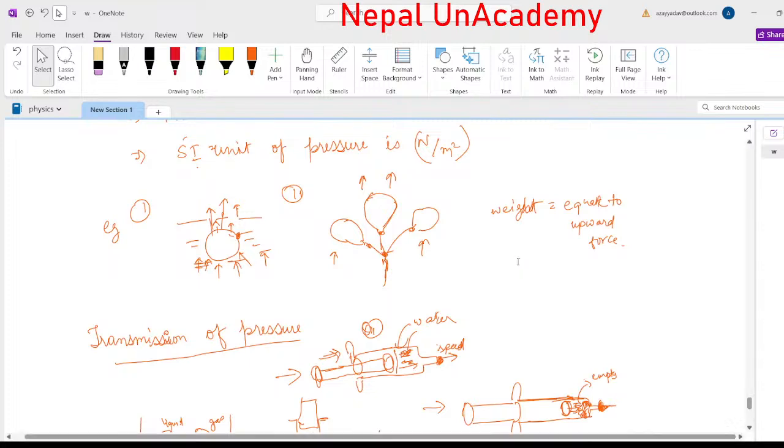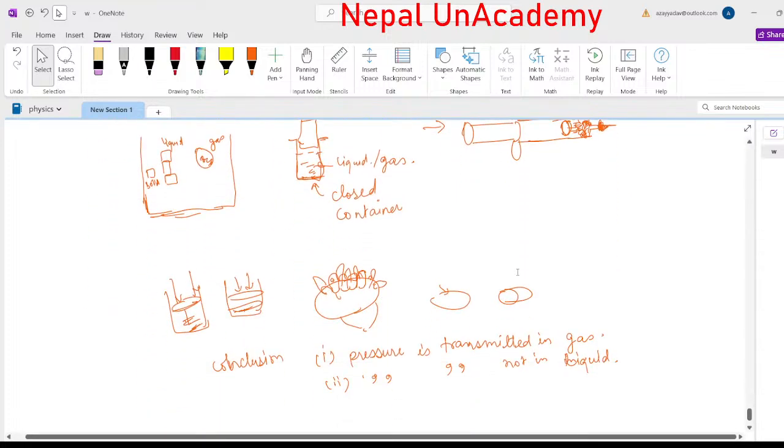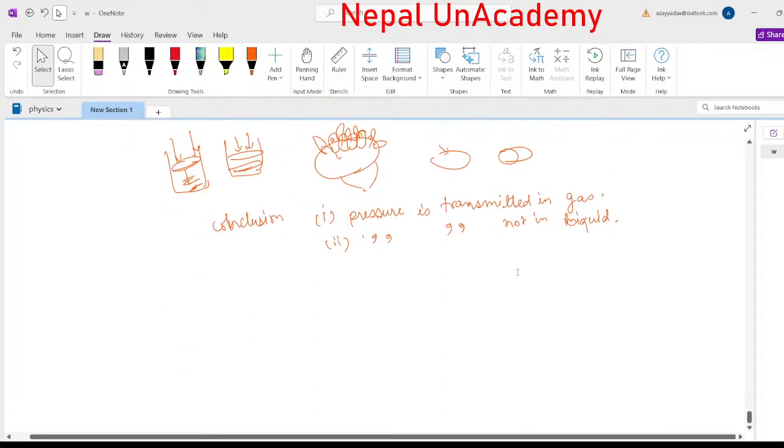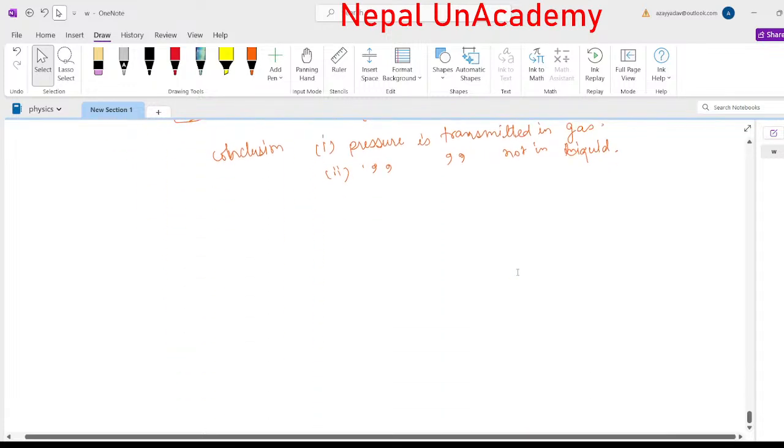Then it will not move further. Also we saw the pressure transmission in syringes. That's all. Now we are in class day 2.